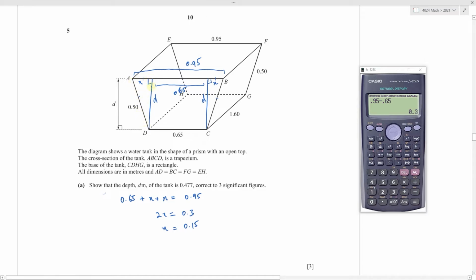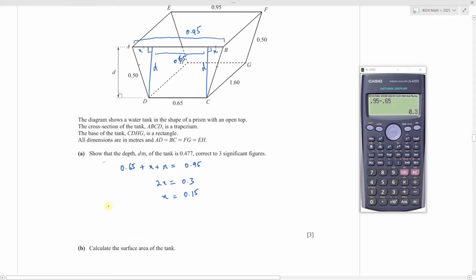This is the hypotenuse, this is the perpendicular height of this triangle. So using the Pythagoras theorem, 0.50 squared will be equal to d squared plus this side x, which is 0.15 squared. So d will be the square root of 0.50 squared minus 0.15 squared.